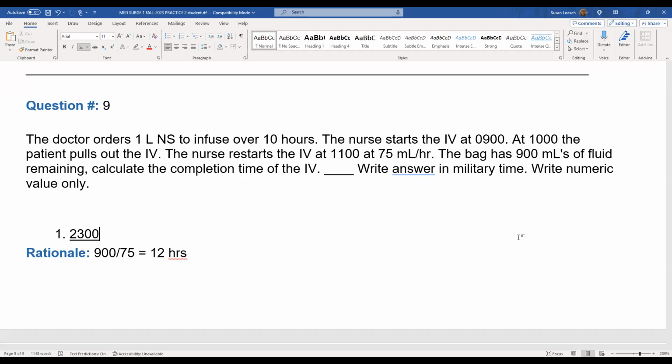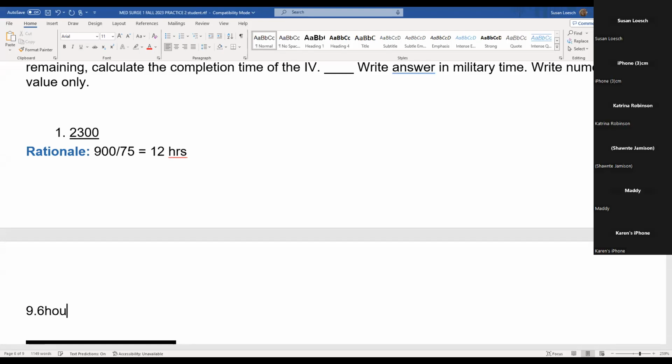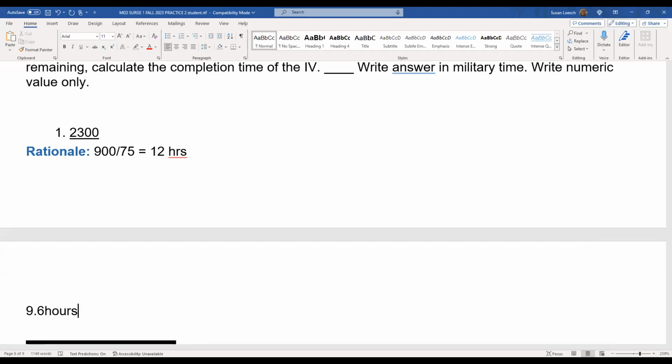What time would it end? How would you calculate that if it was 9.6 hours? You have to take that 0.6 and multiply it times 60.